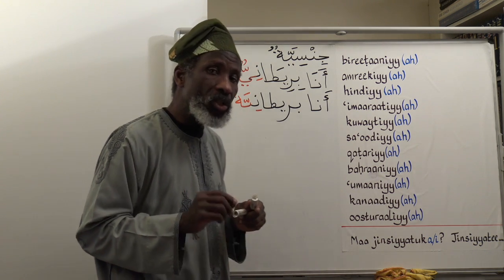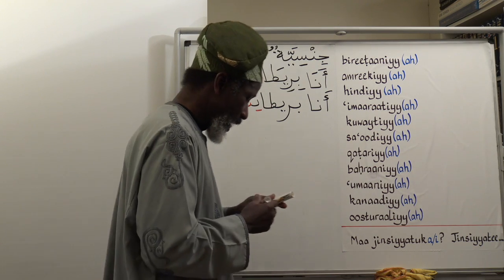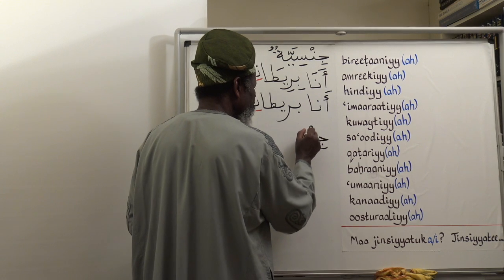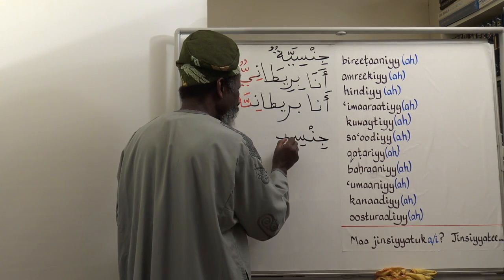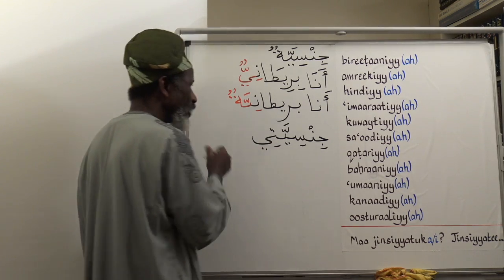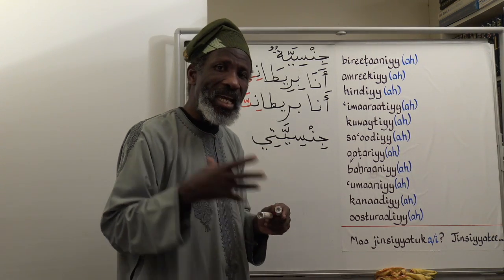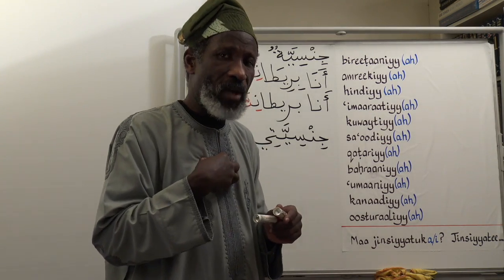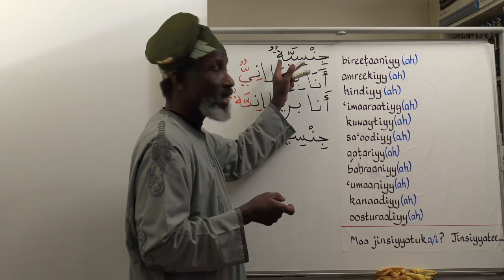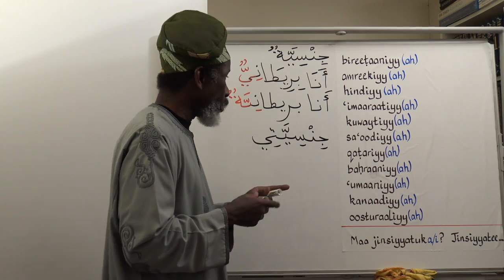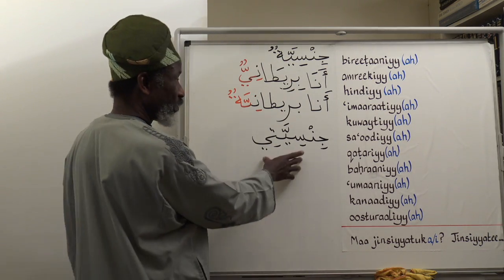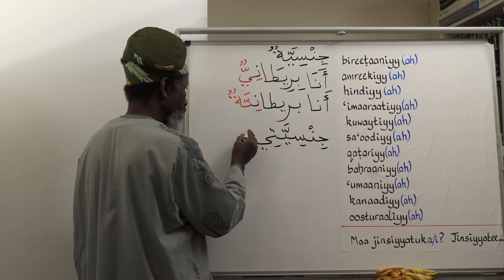But if I say, what's your nationality? I will say, jinsiyati Britaniyatun. My nationality is British. Here I'm not describing myself, I'm describing my nationality, and nationality is a feminine word in Arabic, so the adjective must also be feminine.